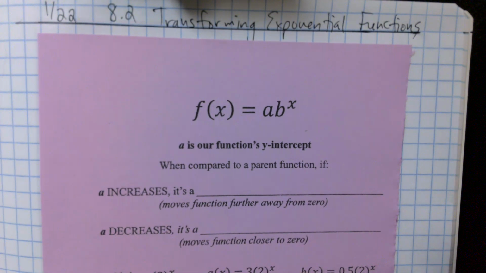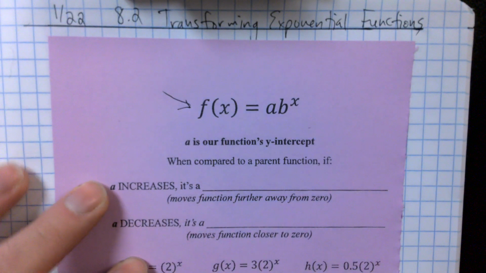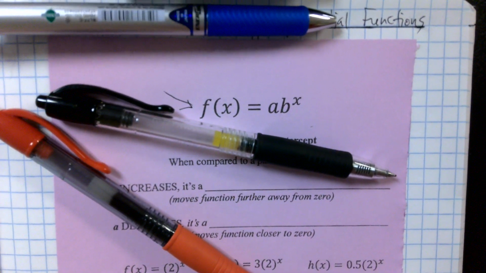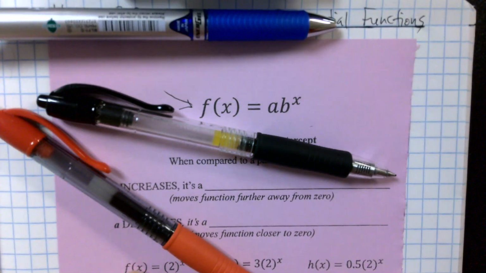Okay, are you guys still with me? So everyone should have 3 colors. At least a red, blue, and a pencil. Does everybody have that? Yes. Okay. Or red, blue, and black. If you have a black pen, that's fine.